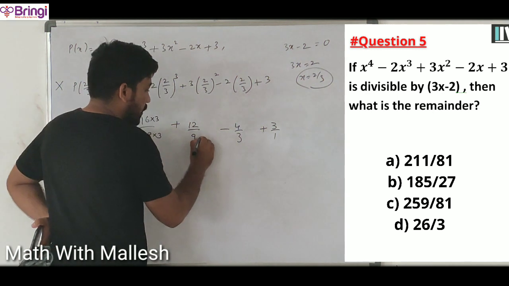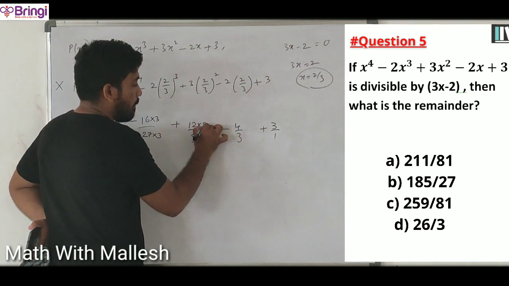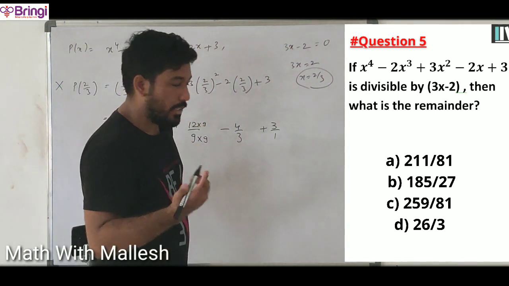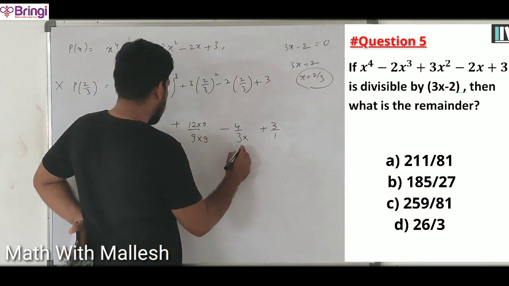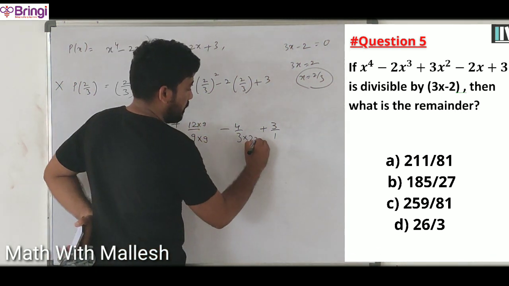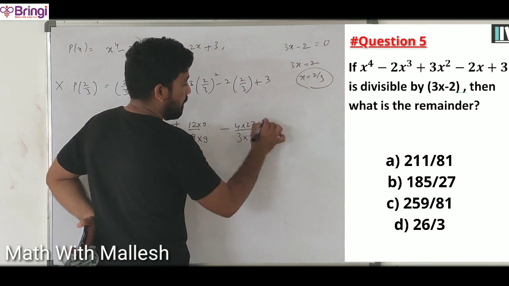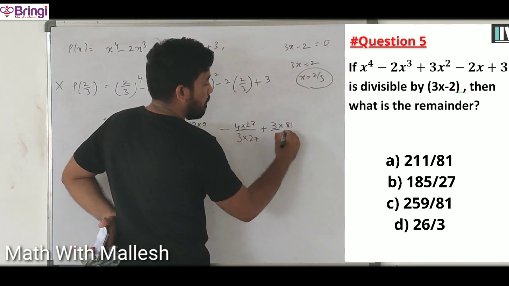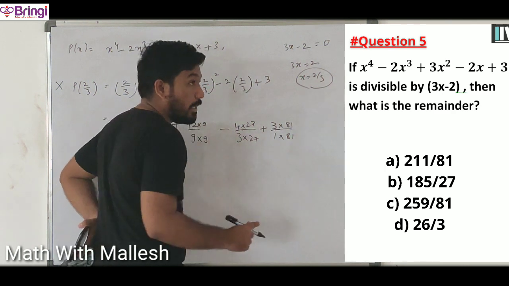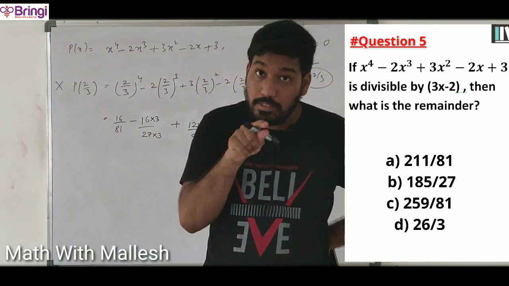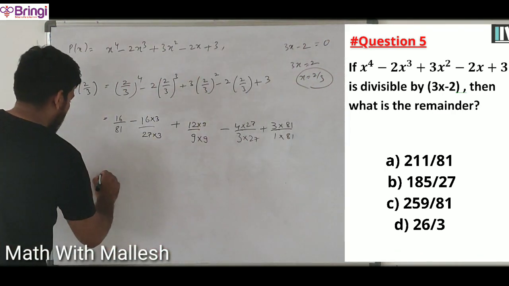Here you need to multiply with 9 because 9 9s are 81, and here you need to multiply with 27, and here also with 27, and here you need to multiply with 81, and here also with 81, so that we can get a common denominator of 81.